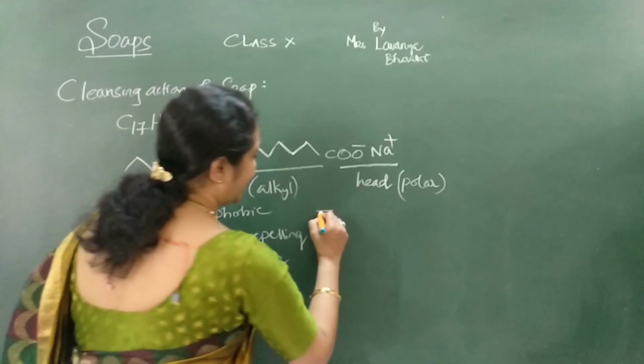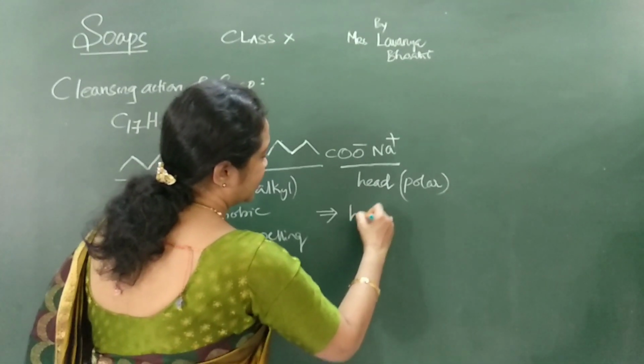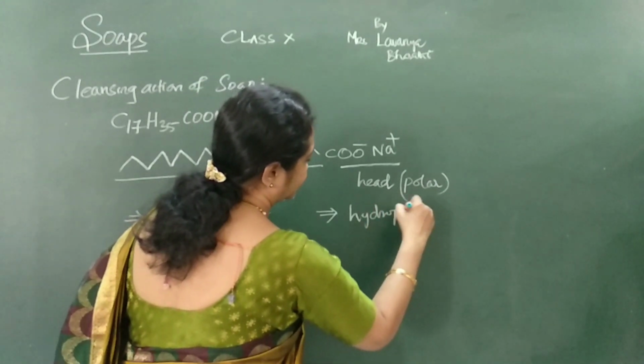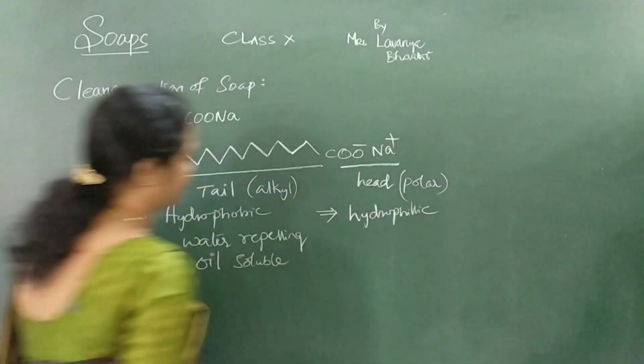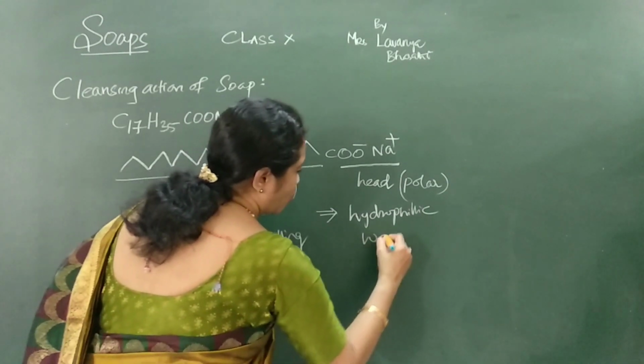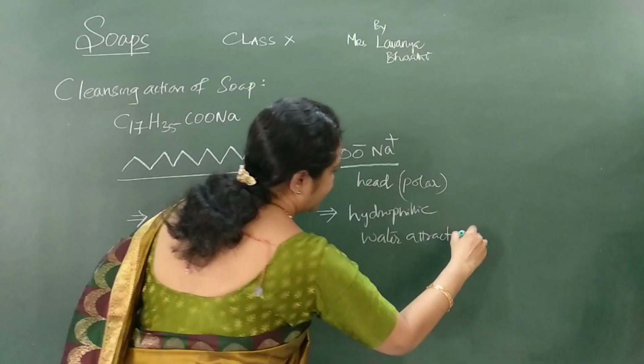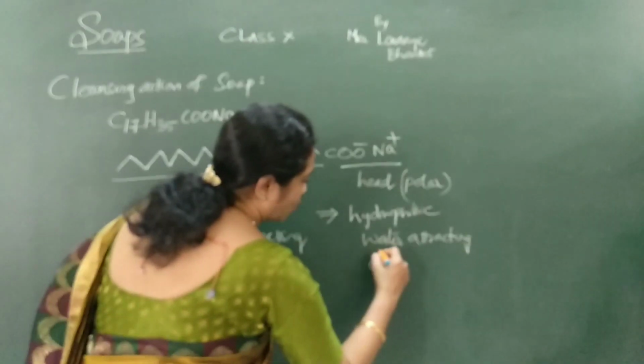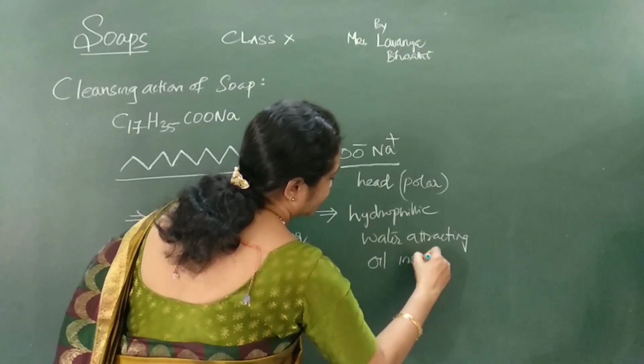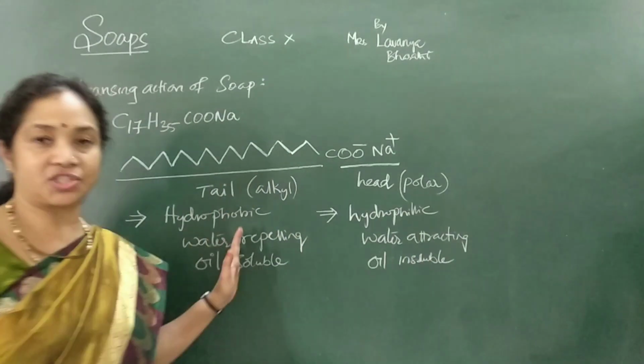So here we consider this head as hydrophilic. This is hydrophilic, and this is water attracting. And definitely in contrast, it is oil insoluble. So this is the structure here.